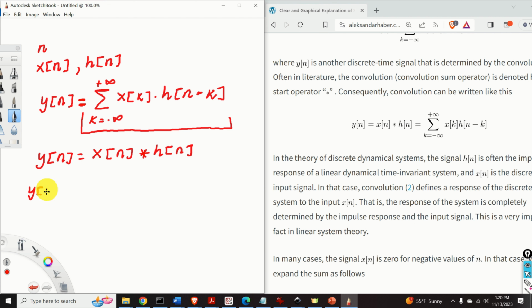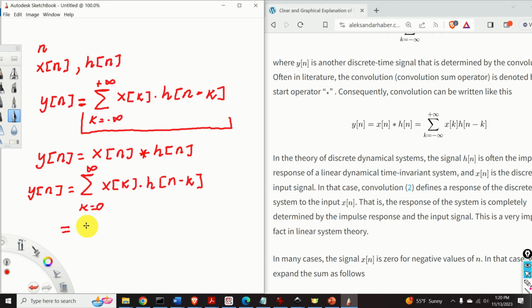Y of n is equal to, since x of k is 0 for negative values of k, the sum will start from 0 and go up to infinity. And we have again x of k multiplying h of n minus k.